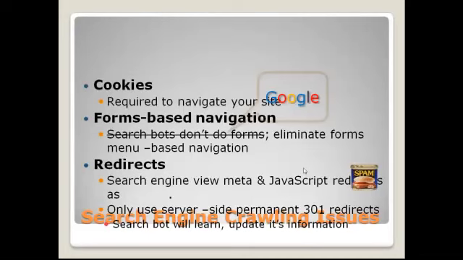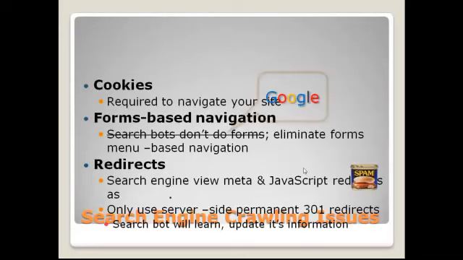Redirects. Search engines view meta and JavaScript redirects as only useful server side. So instead of 302 redirects, which is just a temporary redirect that tells the search engine not to pass link juice, a 301 redirect is what you want to do. It tells Google that this page is permanently redirected to this page, and this means this.